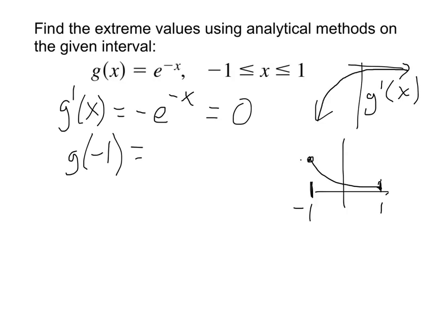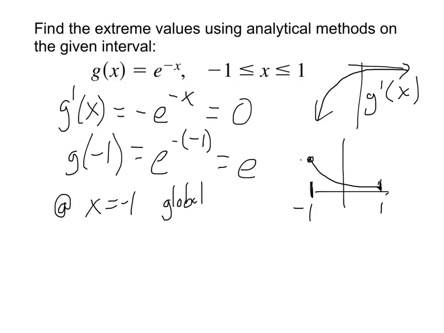So let's plug it in. e to the -1 just becomes e to the first, which is e. So at x equals -1, my global max is e.